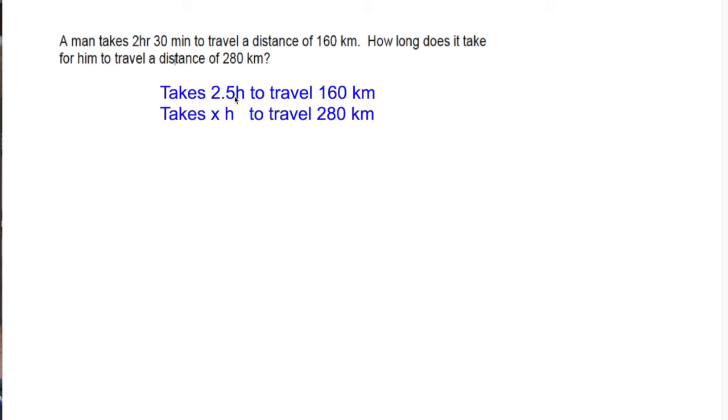He takes 2.5 hours to travel 160 and X hours to travel 280. Again, we form the ratio of the time, which will be equal to the ratio of the distance.